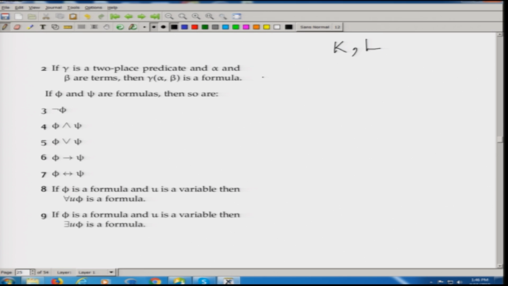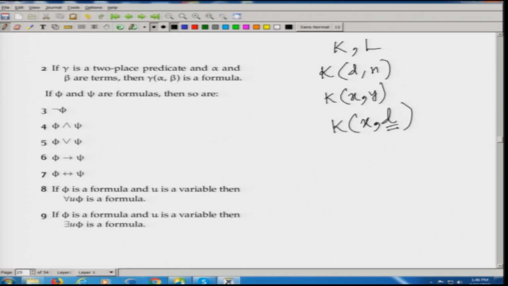Following this, you can have K D N. Remember, we have 4 names, D, N, J, and M. Or you can have K X Y, or K X D. As long as you take a term, anything is fine.